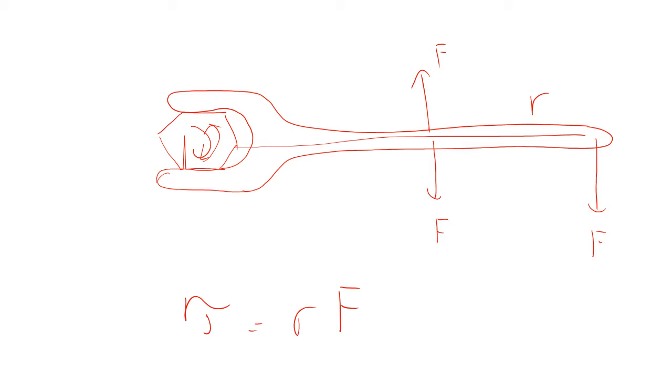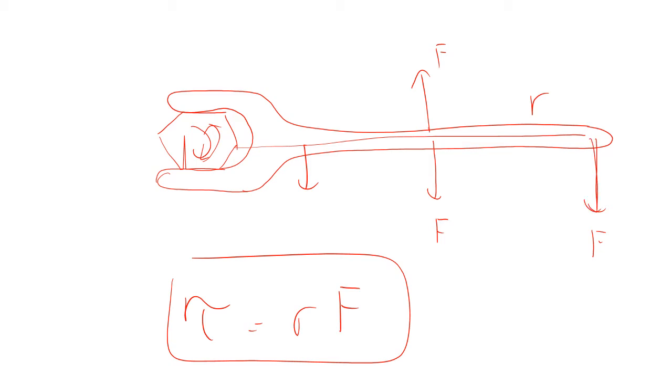Now we have this idea that the torque is related to the R. So if I try to pull the wrench really close up here, I don't have nearly as big an effect as if I pull it farther away. Now, this is actually considered in the manufacturing of wrenches.